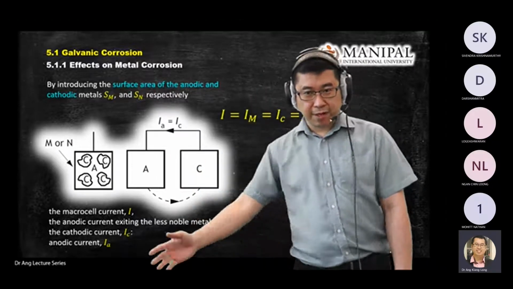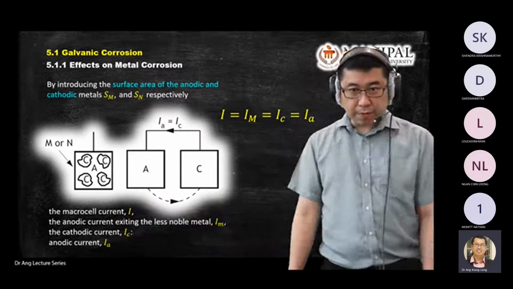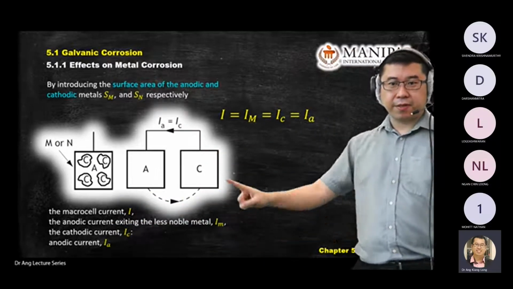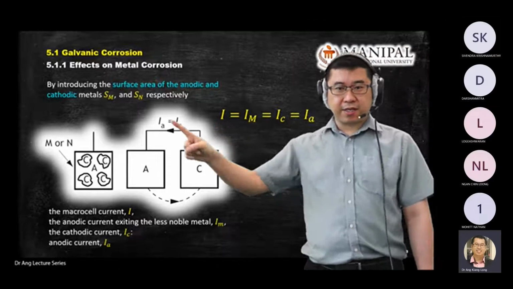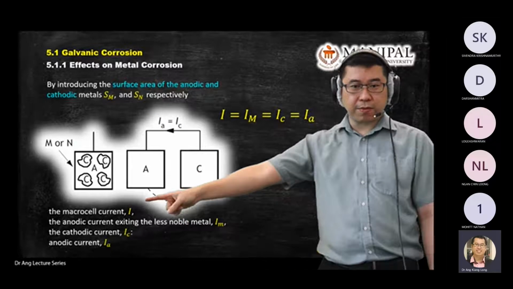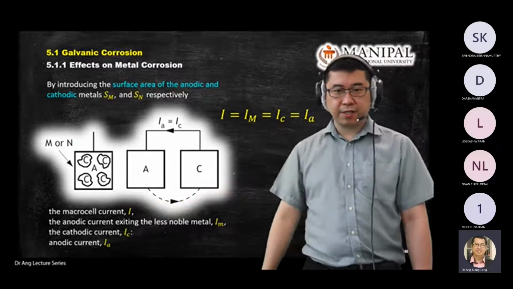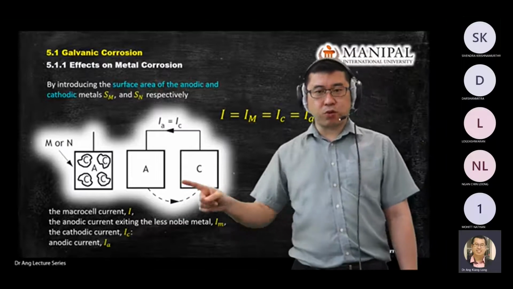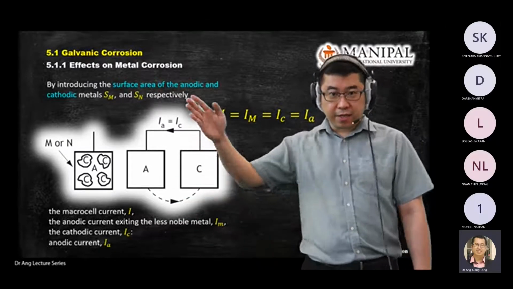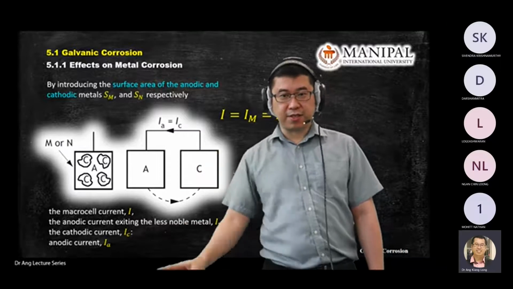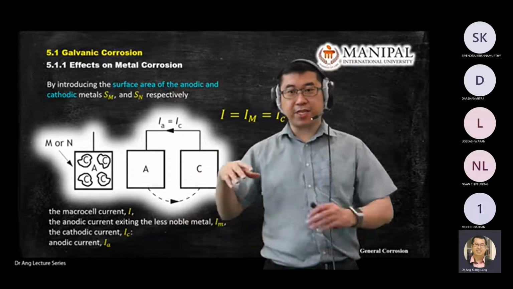Okay. So in the perfect case or standard case, the system total current, or macrocell current, equals... what is a macrocell? We have two bodies here. Just now in the video we had two bodies, zinc and copper, because zinc is the anode, right?